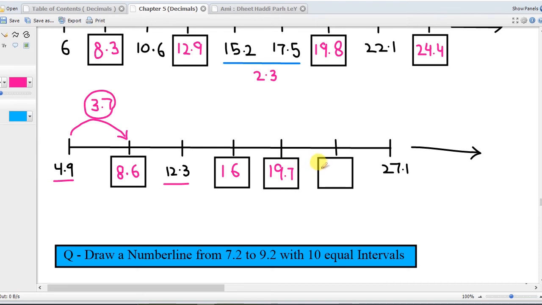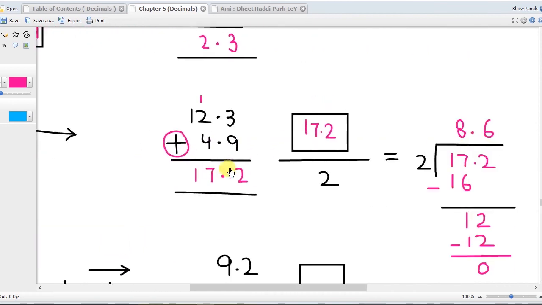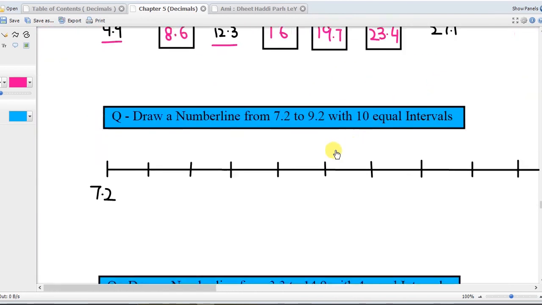The next number we are getting here is 23.4. I'm solving it directly, you can verify it by yourself. And the last number, if we add 3.7, we are getting 27.1, right? I hope you have got the concept.